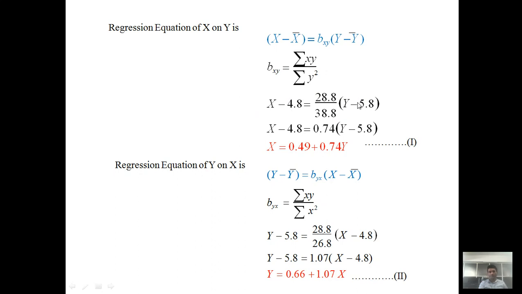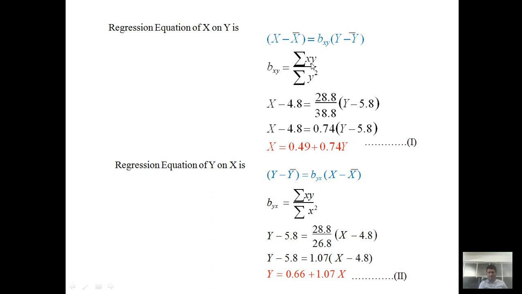It is a simple equation. So by solving this equation, we get x is equal to 0.49 plus 0.74 y. So this equation 1 shows the regression equation of x on y. Similarly, we have to obtain the second regression equation of y on x, using this formula: y minus y bar is byx into x minus x bar, where byx is just interchanging x and y in this formula.